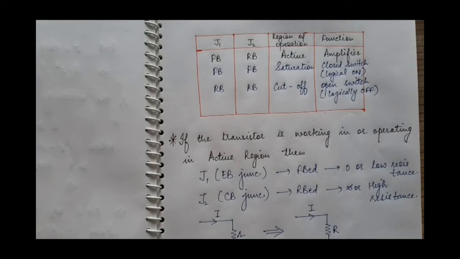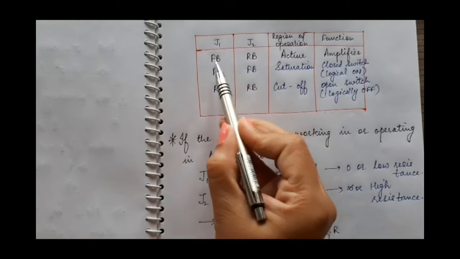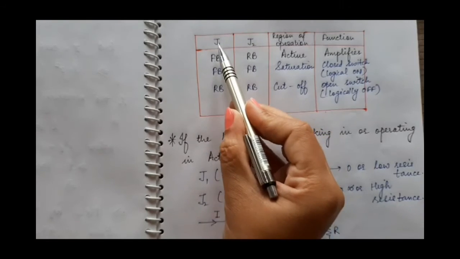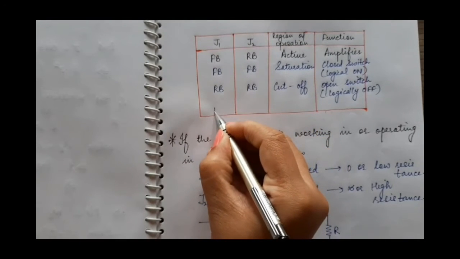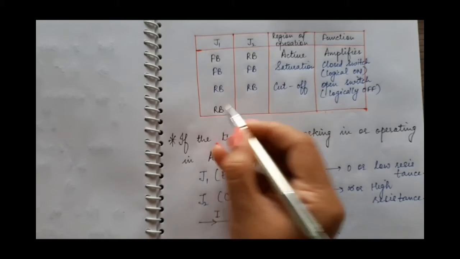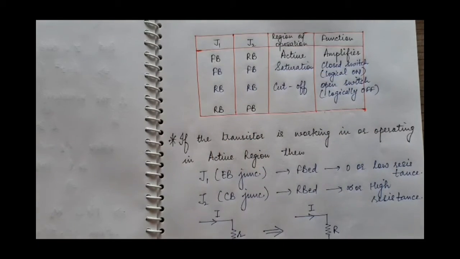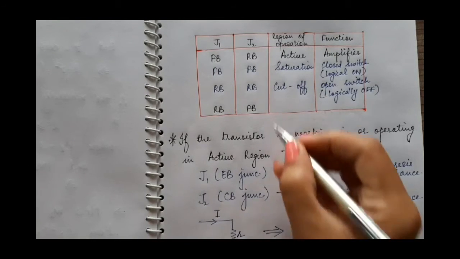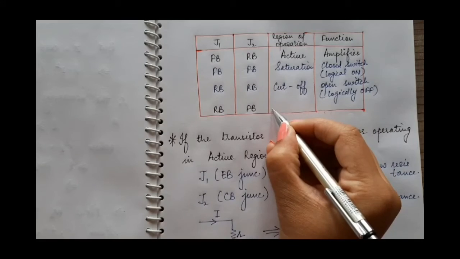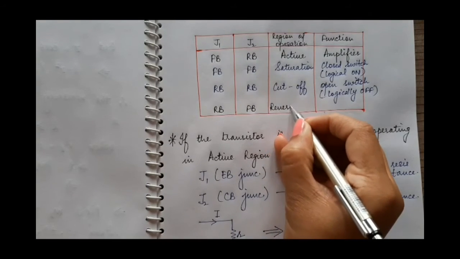And in the last case which we have already discussed, when we reverse this biasing, that is when we make the emitter base junction reverse biased and the second junction forward biased, then the function of emitter and collector will be reversed, and that is why this region of operation of the transistor is known as the reverse active region.